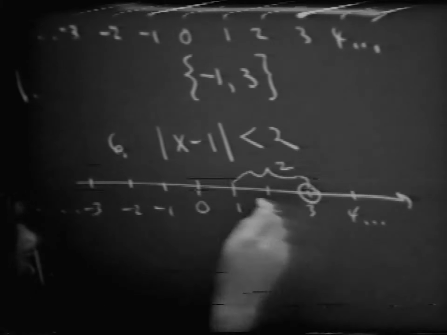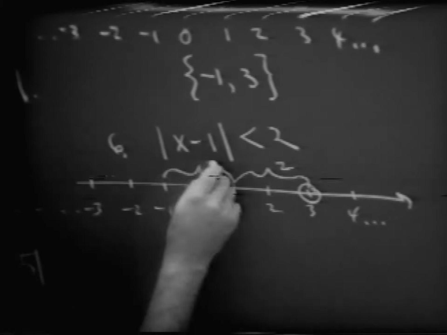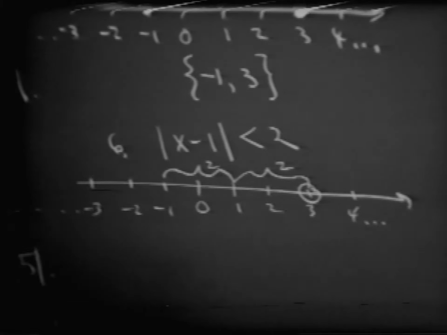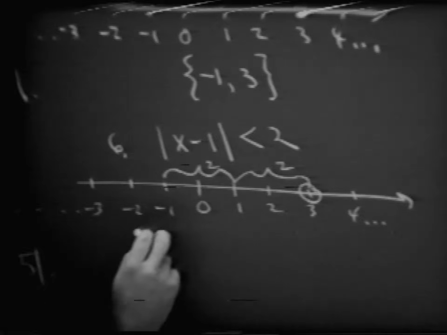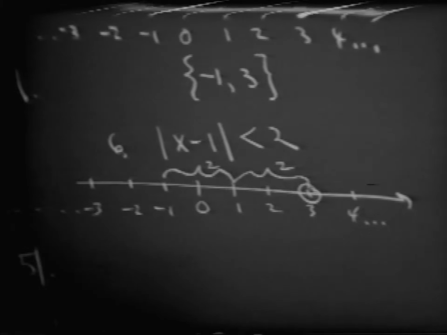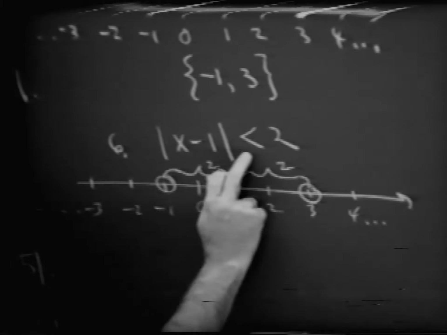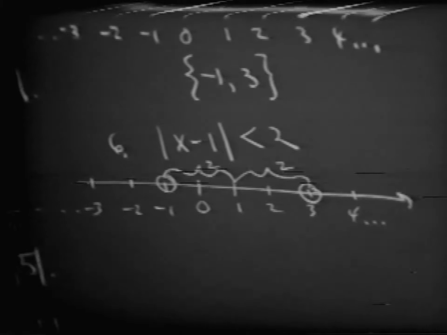And so at the number 3, we're going to have what? An open circle, and of course we then must go on the other side of the number 1 to the left, and that's going to put us at what point, Herbie? -1. At -1, and what then are we going to have at -1? An open circle, and now since we're talking about less than 2, what then is our graph going to look like? And Brenda? A heavy line between.